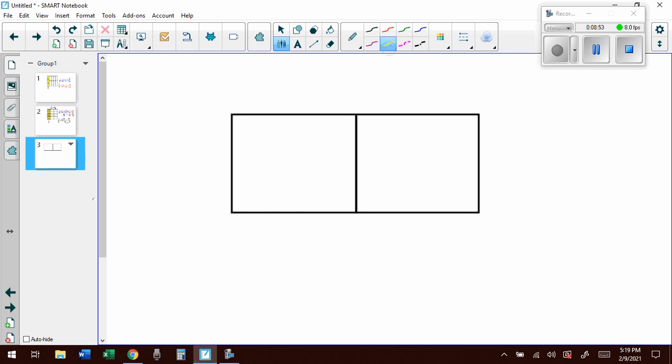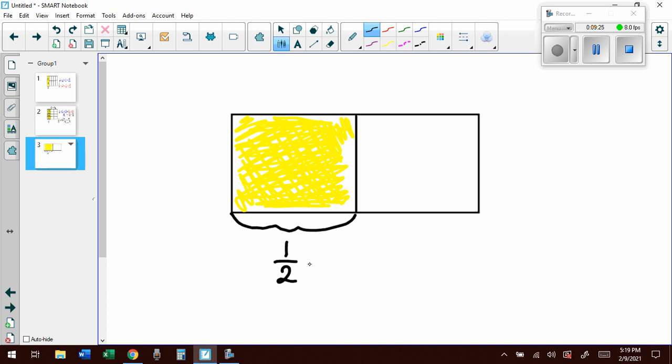And it will be great. I'm going to shade in this region right here. What unit fraction have I just shaded in? 1/2. Excellent.